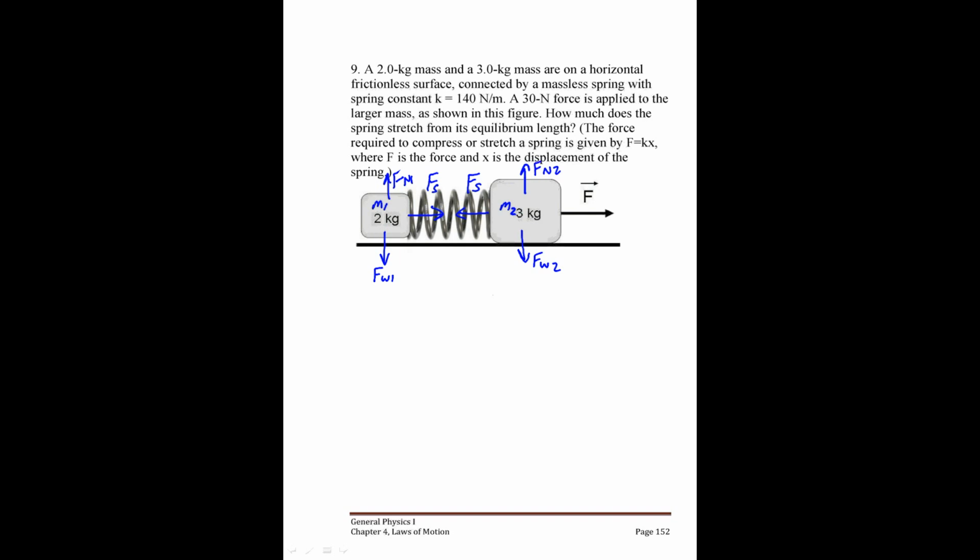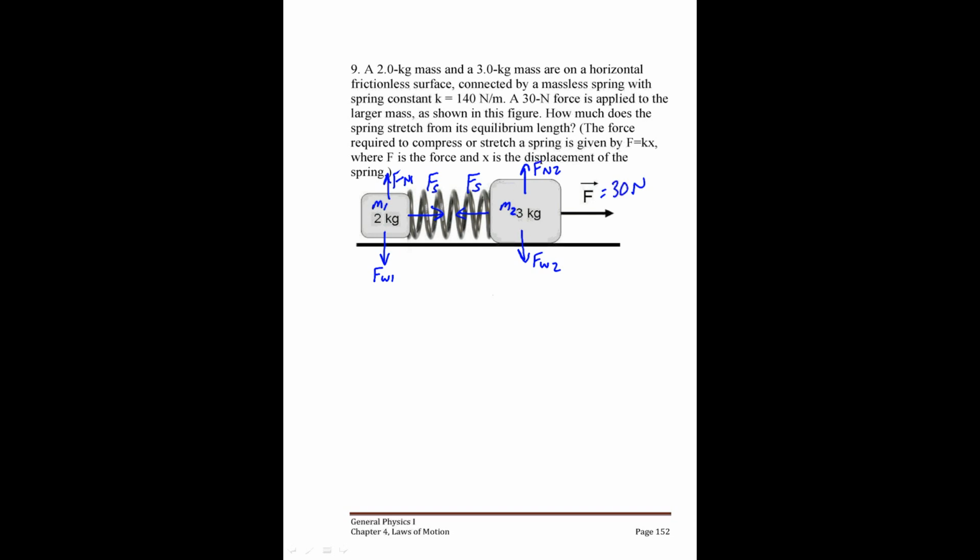Each block is attached to the same spring, and it feels the same force provided by that spring. When you start pulling on it with this force F to the right, which we're told is 30 newtons, that spring stretches out, and we want to know how much it stretches.